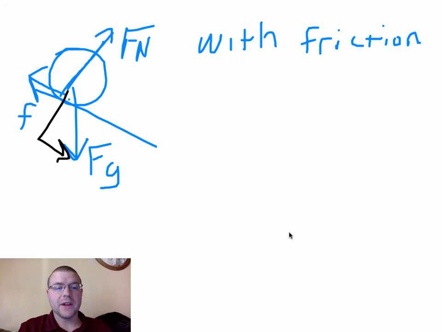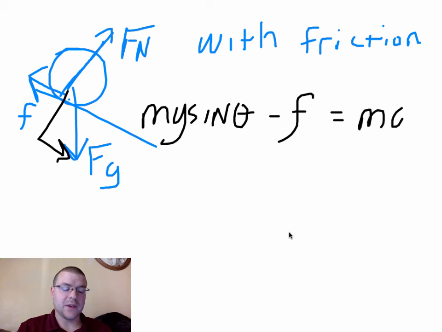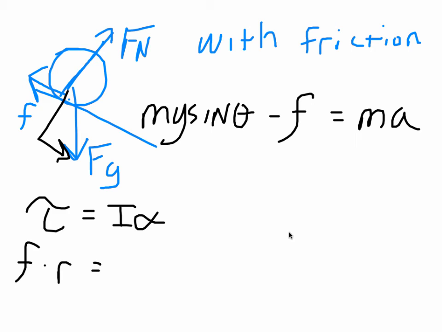The forces that are making us accelerate down the hill are mg sine theta from the ball's weight. The force of friction is fighting us, and that's going to make the mass accelerate down the hill. However, this time we want to look at the force of friction in terms of a torque making the ball spin. So the torque from friction is friction force times the radius. Moment of inertia, let's call it a solid bowling ball, so 2/5 mr squared.